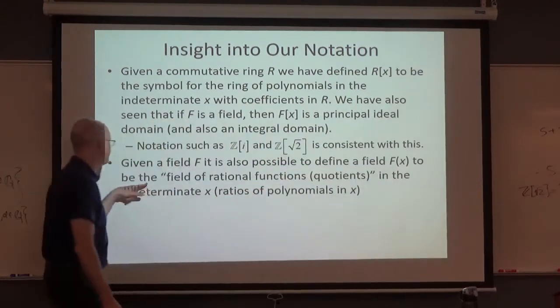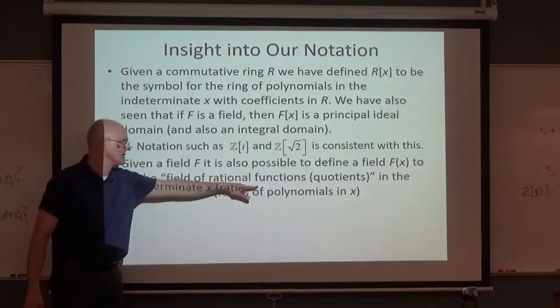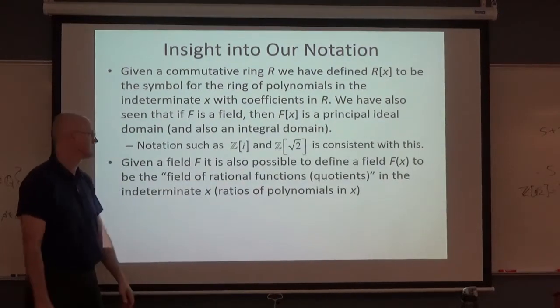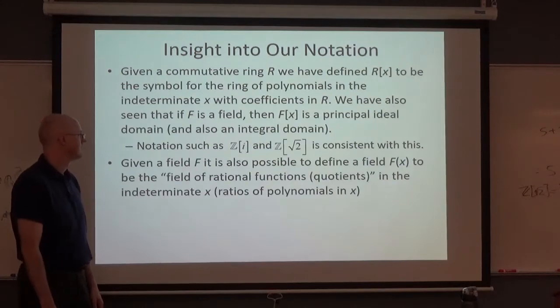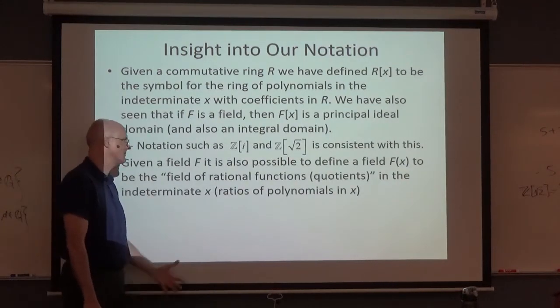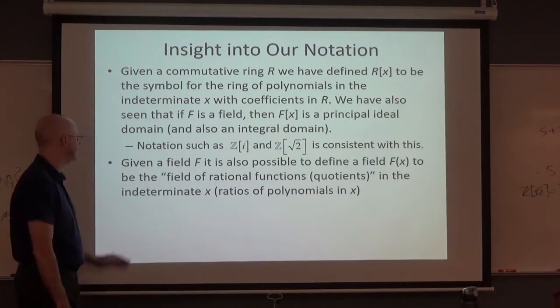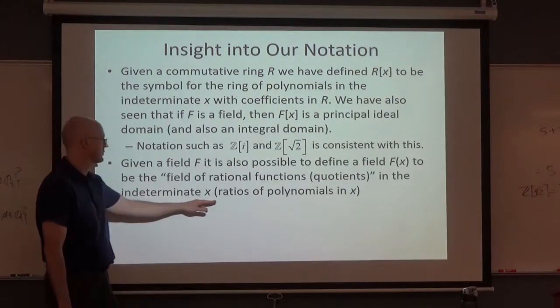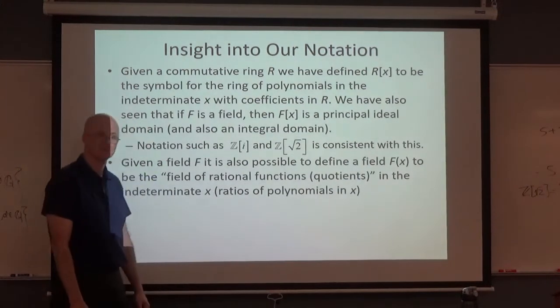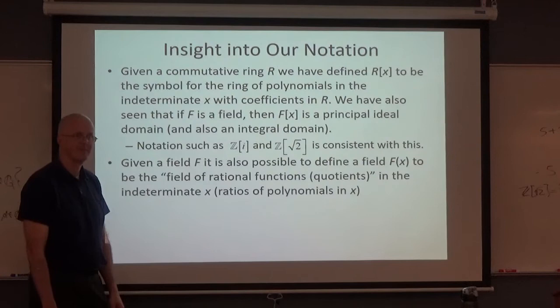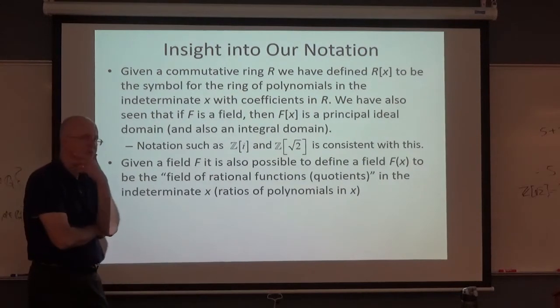It is the field of rational functions. Its elements are quotients, if you will, the field of quotients in the indeterminate x. In other words, ratios of polynomials in x with coefficients in F. That turns out to be a field.